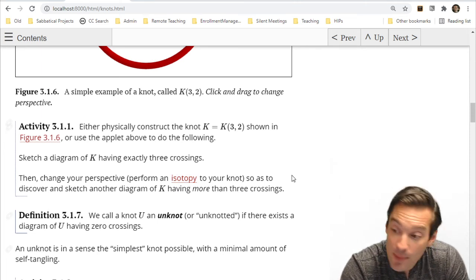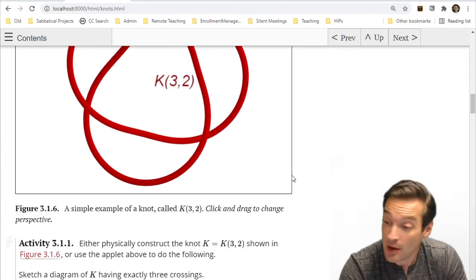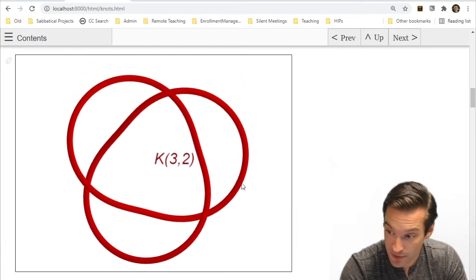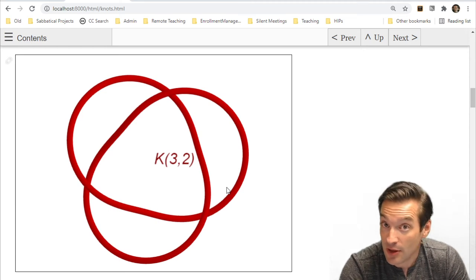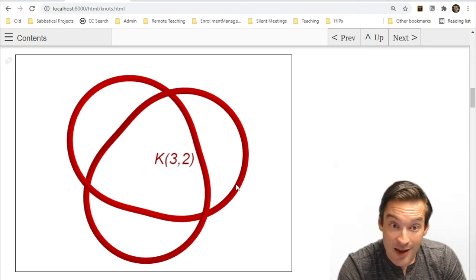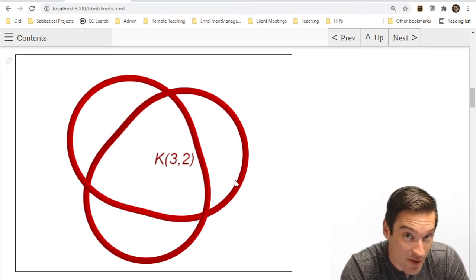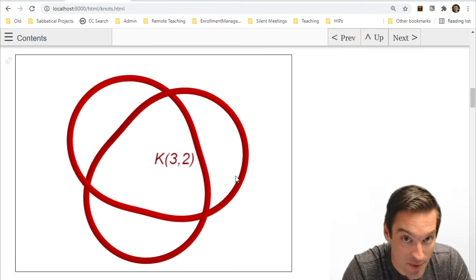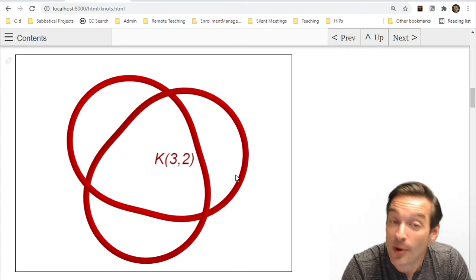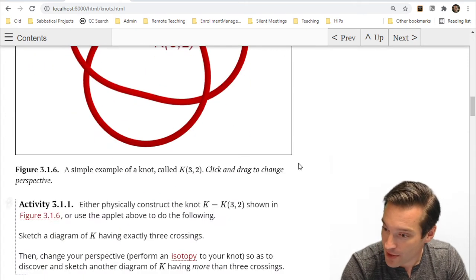So just come up with a couple of different diagrams and sketch them out for this same knot. You can use a virtual version or a physical version, but just get at least two different diagrams down. And the name of the game today is going to be asking things like, well, what do all of these diagrams have in common by virtue of the fact that they all originated from the same knot? That is the big question of the day, and this is how we'll get started.